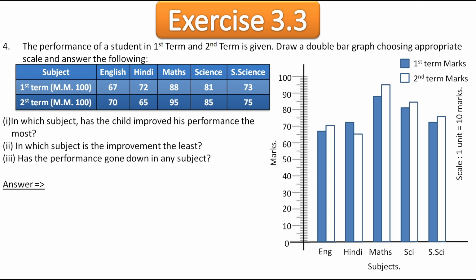Let's answer the questions. So the first question is, in which subject has the child improved his performance the most? Now when you look at the bar graph, what you are understanding, the bar for the subject maths is greater than other subjects, right? Therefore, we can say the answer for this question is maths.